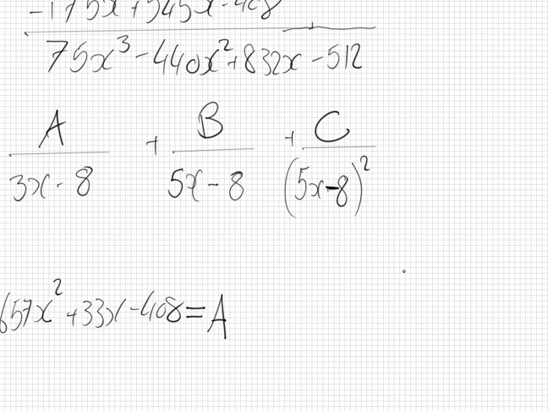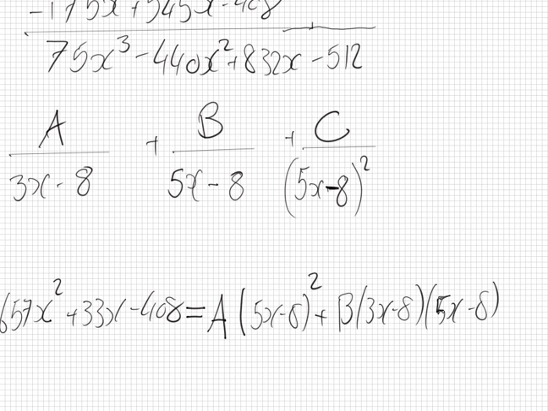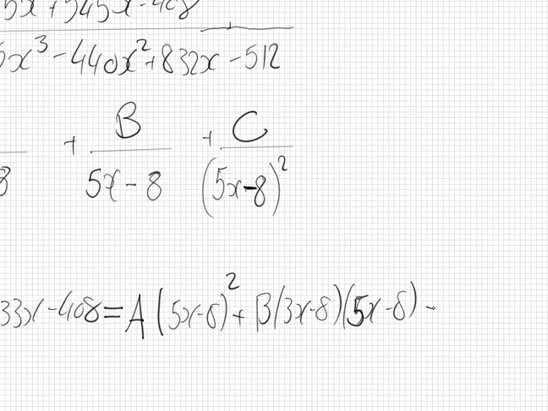So on the right, you put in your three brackets, so you'll be left with, that cancels, A(5x minus 8) squared plus B times (3x minus 8)(5x minus 8), and then finally plus C(3x minus 8).